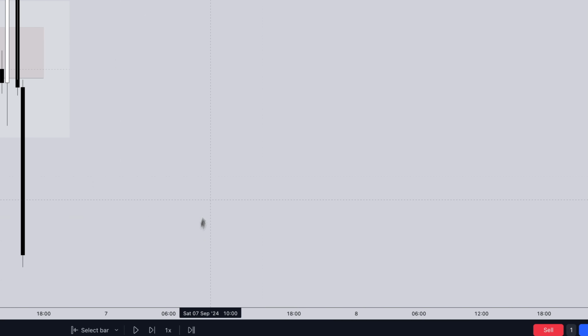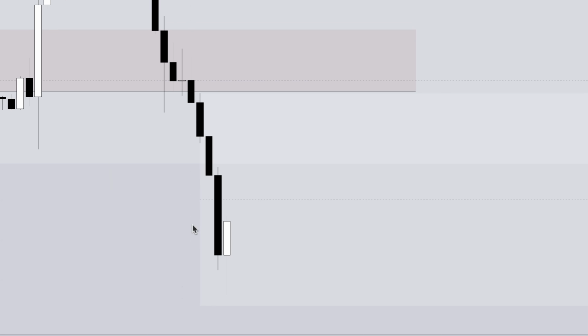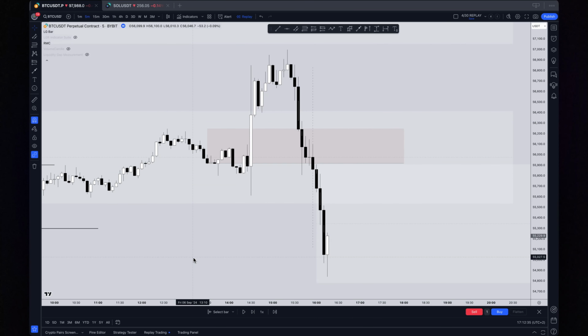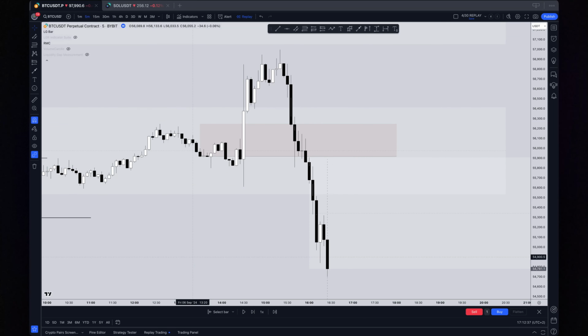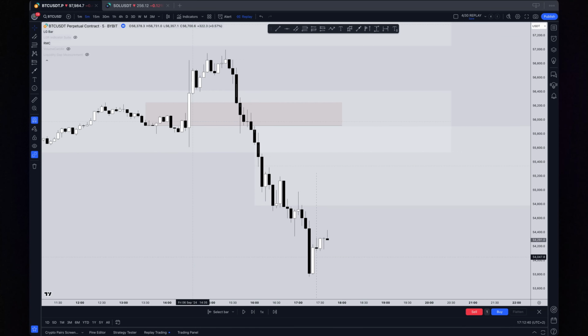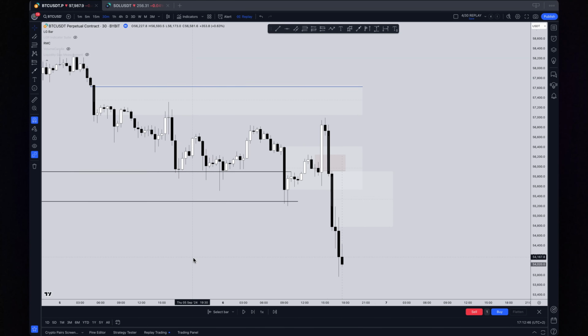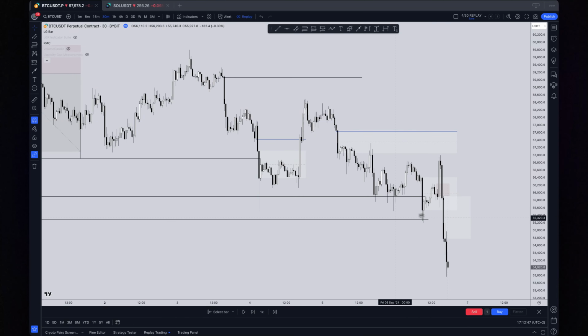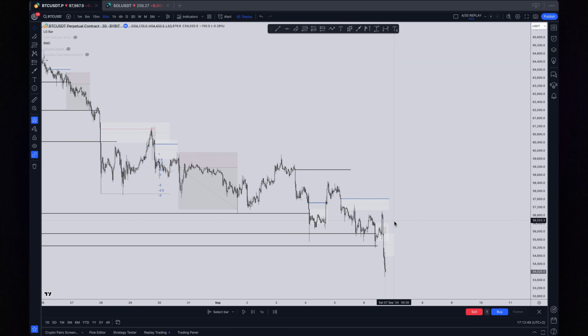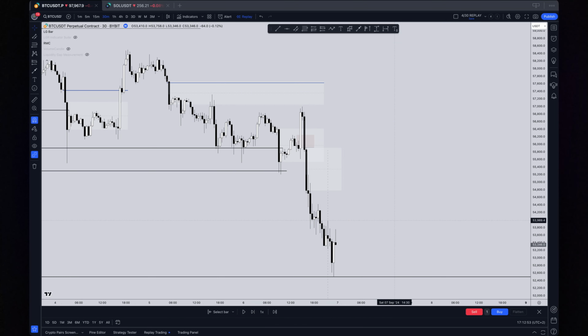And then we are currently trading the 30. So let's see. Okay, I'm kind of getting zoned out. So I'm just going to replay it on the 30 and see what price is going to do. There we go.